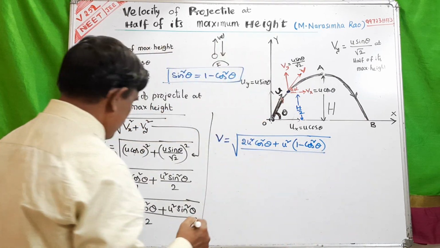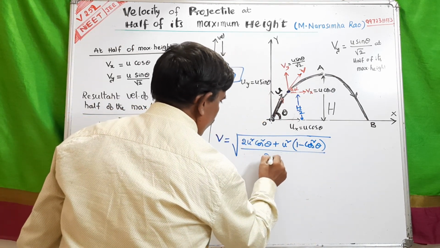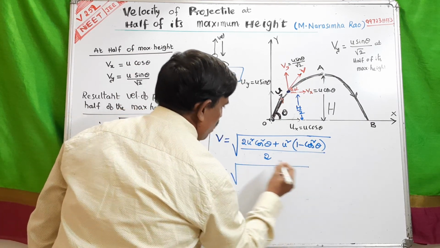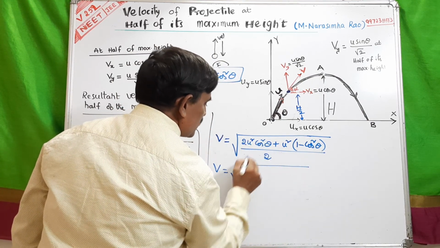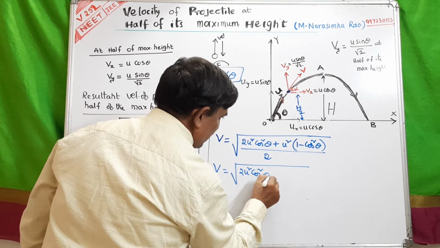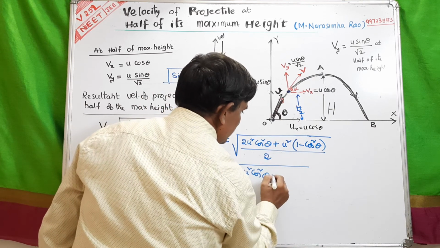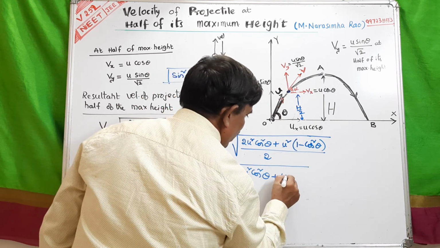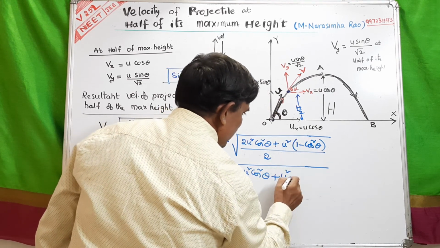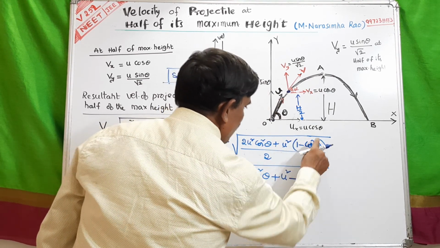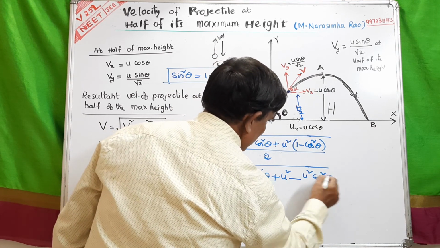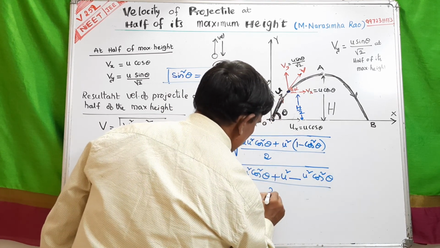V is equal to under root of 2u square cos square theta plus u square into 1 minus cos square theta, divided by 2.